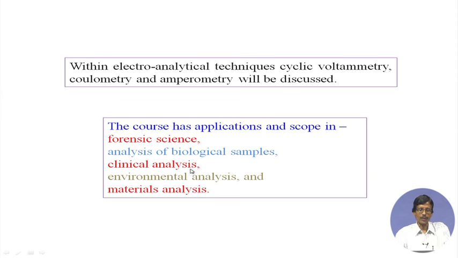We can perform different types of clinical analysis using the knowledge of analytical chemistry, and this knowledge will also be useful for environmental chemistry, because environmental samples come from our water. We should analyze the water sample to know what contaminants are present.